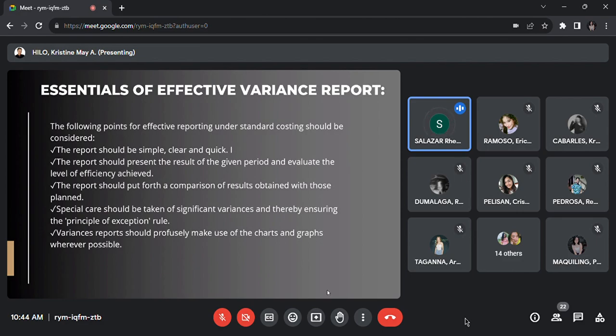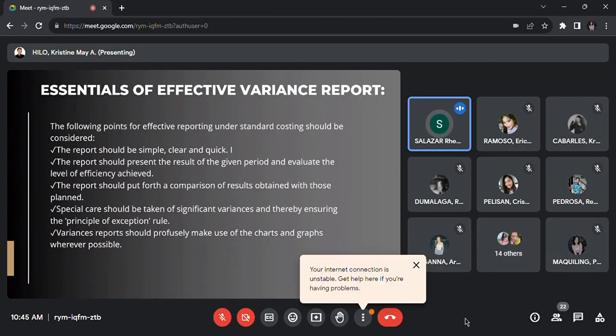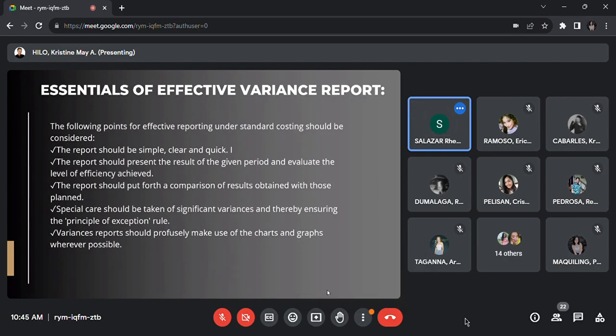So for an effective variance report, the following points for effective reporting under standard costing should be considered. Number one, the report should be simple, clear, and quick. If the report fails to inform the management in a lucid and unambiguous manner of what has taken place and what action may be taken, it will not fully serve its purpose.